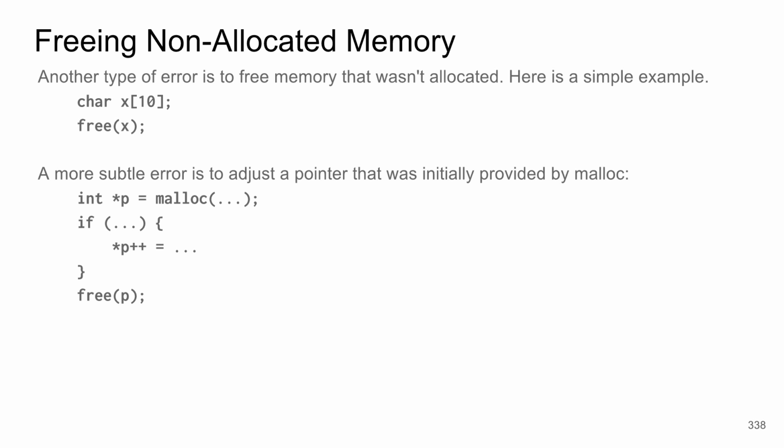So now free doesn't know that that is associated with a memory block, and it spits out an error at us, even though we might think it should be working correctly. So you have to be careful to always pass in that original starting memory address of your block of memory.